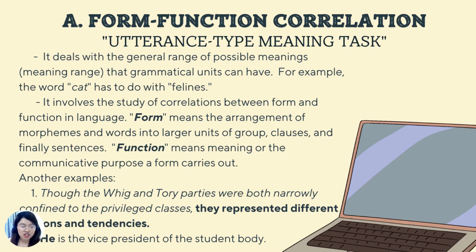How about the function? The independent clause here, which is they represented different factions and tendencies, expresses an assertion or a claim, a strong claim, or a strong positive claim. The dependent clause expresses the function of information that is not asserted, but rather assumed or taken for granted. So that is the function.